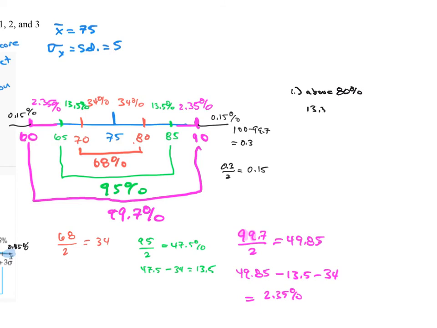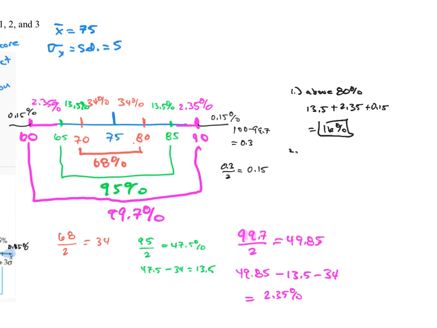I would have 13.5 plus the 2.35, and then the chart doesn't show it, but you have to remember it. That tail end is the 0.15. So if I said how many scored above an 80%, in other words, how many students got a B or above on this test, 13.5 plus 2.35 plus 0.15, I'm getting 16% scored above an 80 on the test.